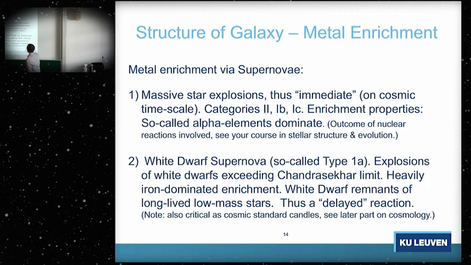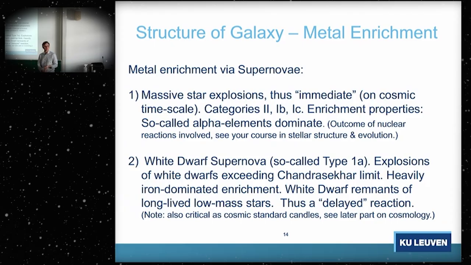I refer you to your course in stellar structure and evolution for this. Now, what is important for us here is that so-called alpha elements dominate. The alpha elements are, you know, the factor 4: so oxygen, magnesium, etc., etc.